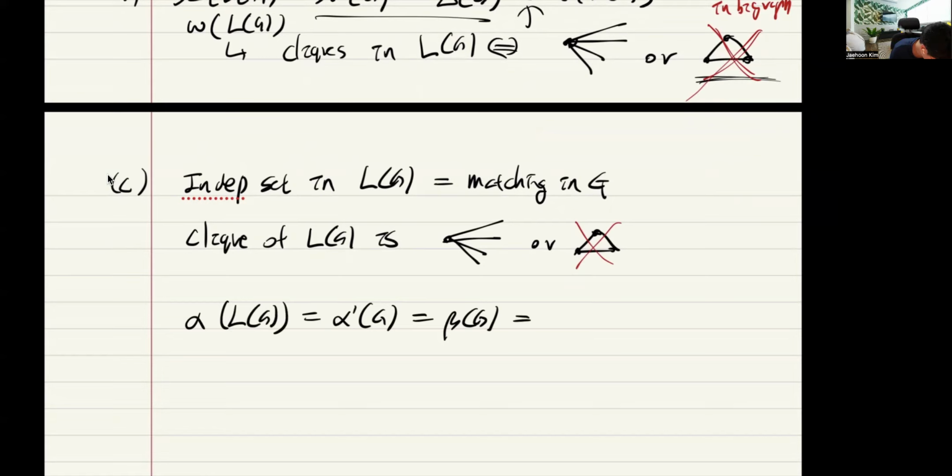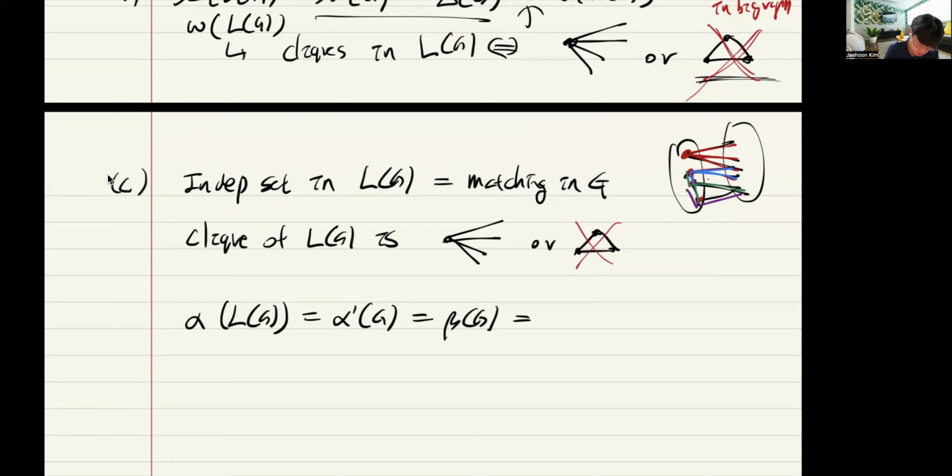And what's this vertex cover number? Vertex cover number is that you find vertices so that all the edges are adjacent to one of them. And that's the same as taking these vertices, then you take the stars around them. And that covers all the edges, right?